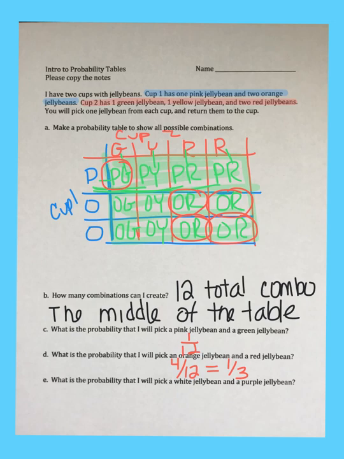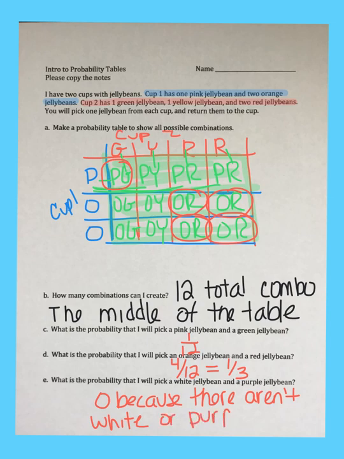And then the probability that I will pick a white and purple jelly bean is 0, because there aren't any white or purple jelly beans. So that is why I can't pick any white or purple jelly beans.